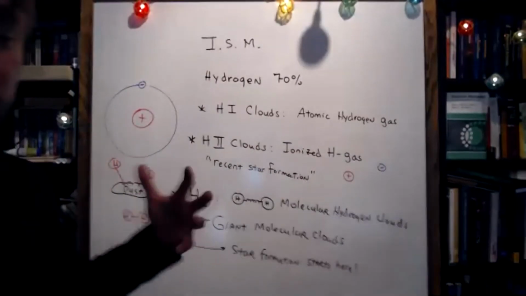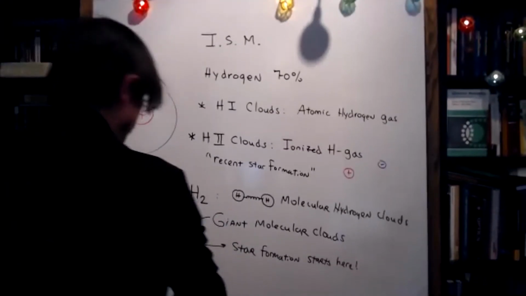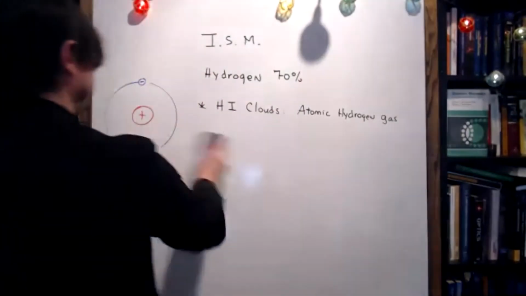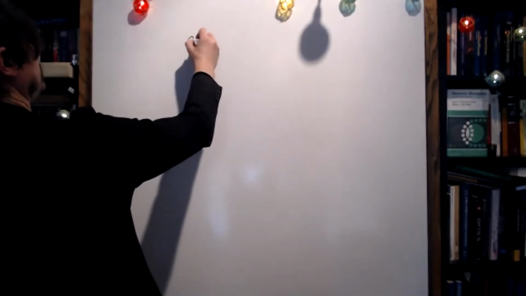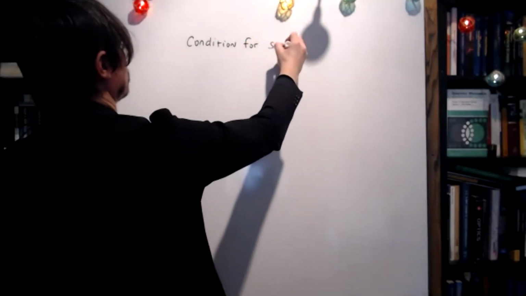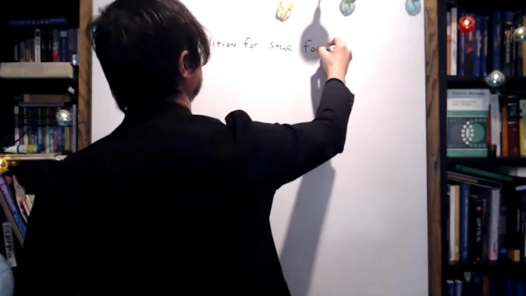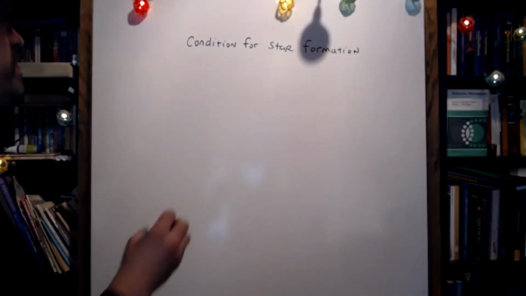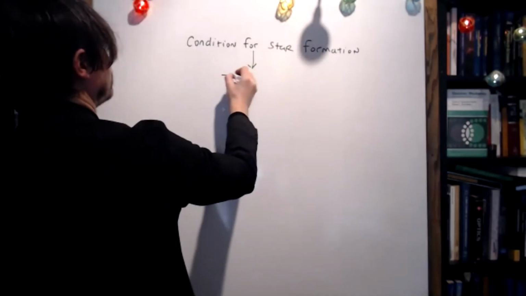Let's draw a little cartoon of how star formation works. You have already learned the formula for star formation through our homeworks. It is known as the Jeans mass, and that's what this lesson is all about. The condition for star formation is described by a legendary formula known as the Jeans mass equation.